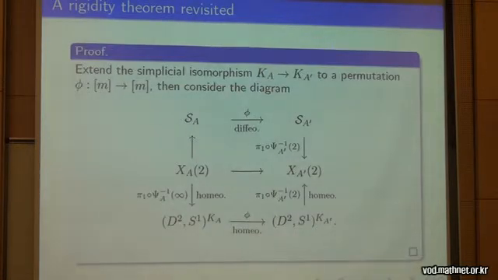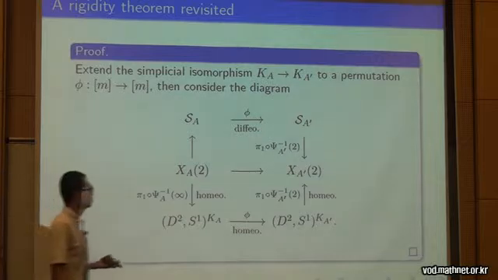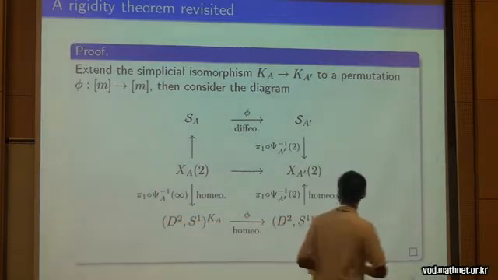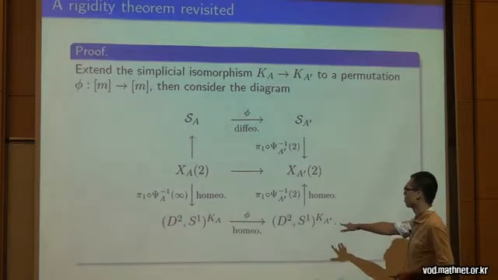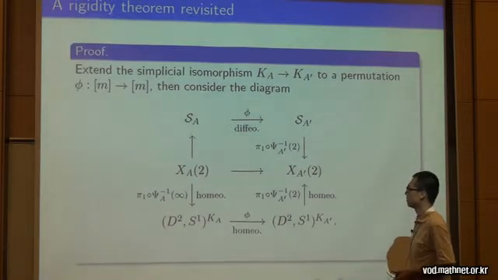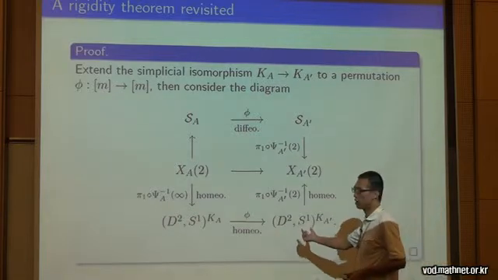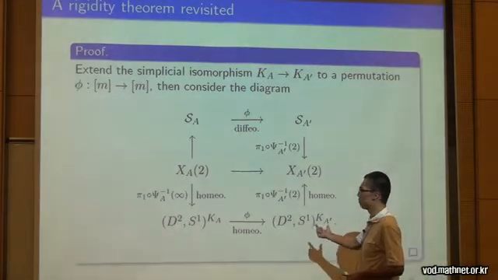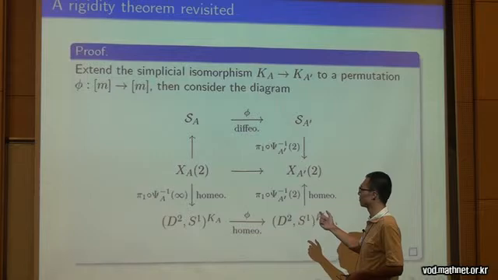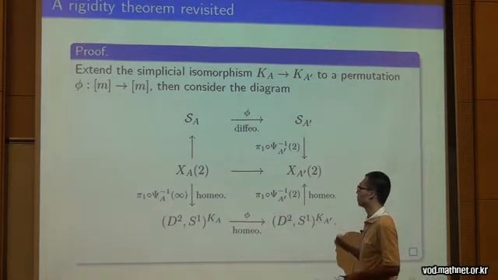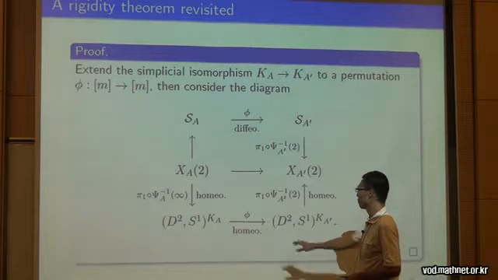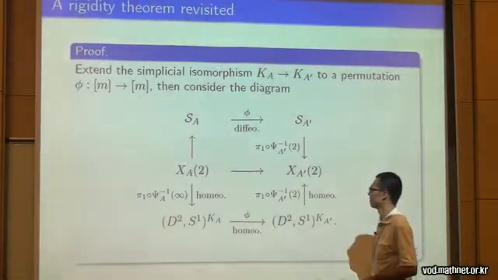We can try to prove the rigidity theorem, which seems quite natural when we consider the corresponding moment angle complexes. This is almost trivial. If we have a permutation of coordinates from M to itself, then we must have a homeomorphism here.